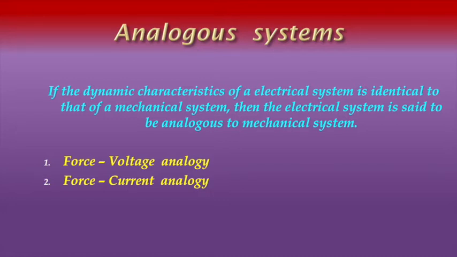If the dynamic characteristics of an electrical system are identical to those of a mechanical system, then the electrical system is said to be analogous to the mechanical system. A mechanical system can be represented by an electrical network or vice versa, either by force-voltage analogy or force-current analogy. So, the electrical analogy of mechanical translational system: force-voltage analogy and force-current analogy.